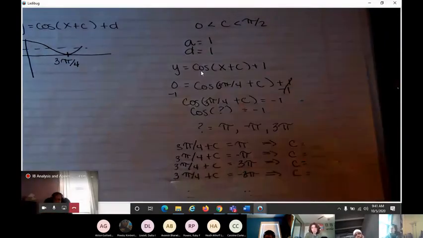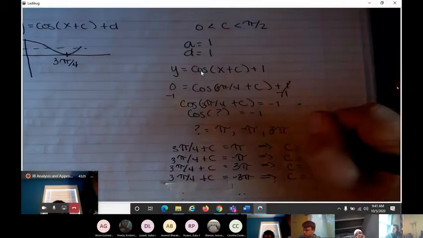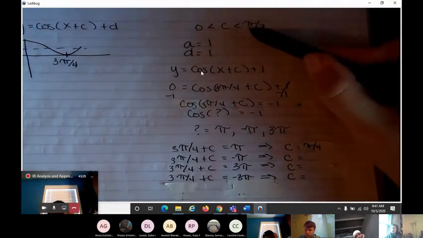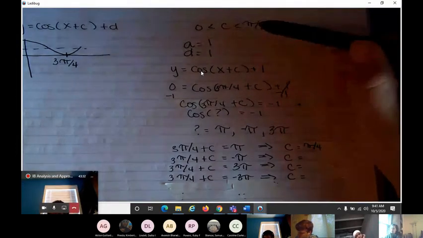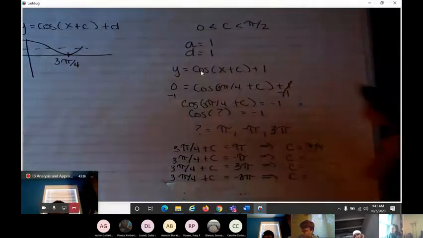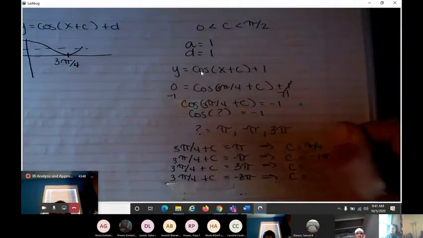Okay, so if we did this and we subtract 3 pi over 4, we do get pi over 4 right here. And that is within our domain. So that's good. If we subtract 3 pi over 4 here, we would get negative pi.